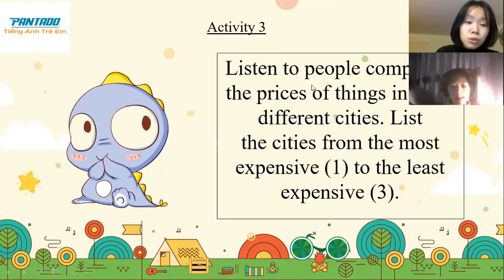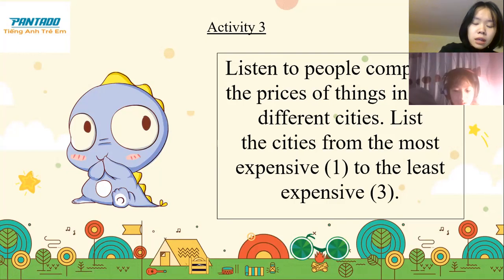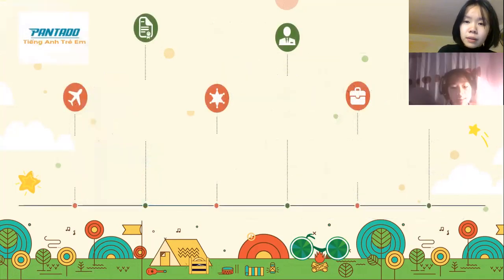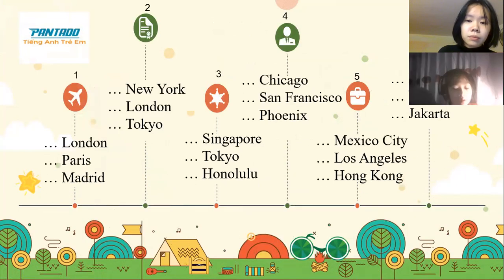You have to listen and you have to compare the prices of 3 countries, and you have to list it from most expensive and the least expensive, the most expensive and the cheapest, right? I think you should write the number. If it is the most expensive, it's number 1. The second expensive, number 2. The least expensive is number 3. You understand?